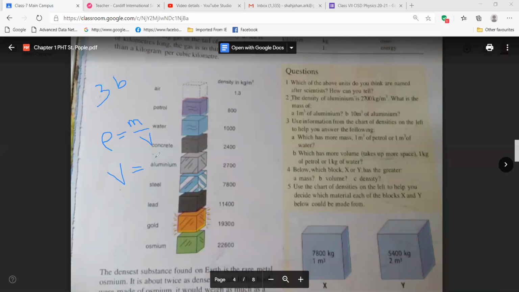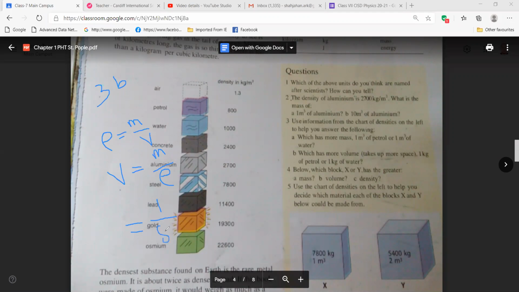Volume equals mass by rho, rho means density, right? Mass by density. So we can put the values now for the first one, which is for petrol. For petrol we have the mass, how much? 1 kg, and the density is 800 kg per meter cube.